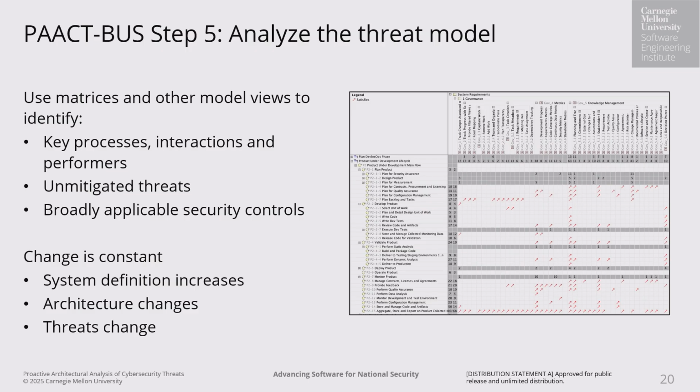Within Pac Bus, we have a standard set of matrices that we use. For example, on the right here, you can see a matrix that shows the dependency between our operational processes and our requirements, right? If we want to fulfill requirement X, we need to perform process Y, and those arrows in the boxes show the linkage between them.